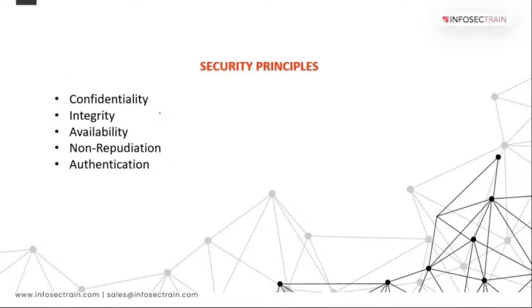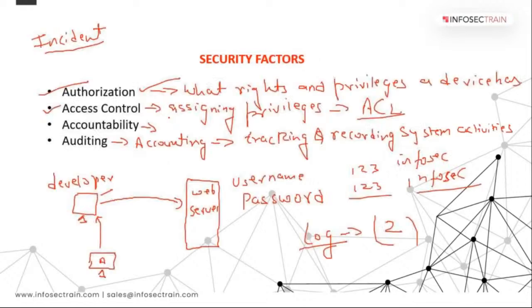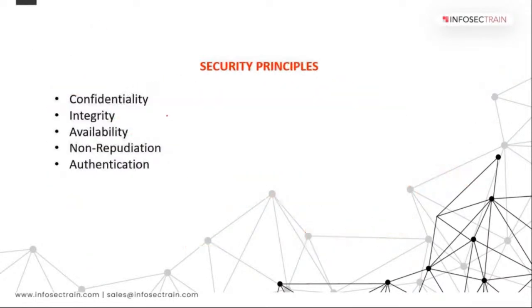Because the factors that we discussed are closely tied to the principles, and these principles were first three only. Sometimes they are also known as the CIA triad. Clear, everyone?